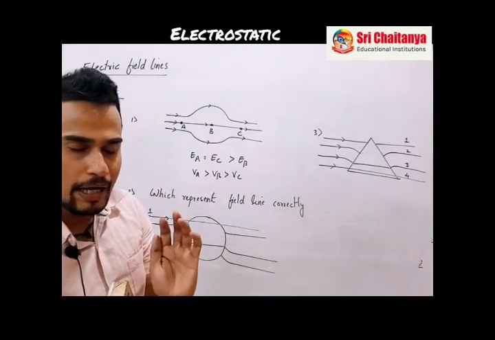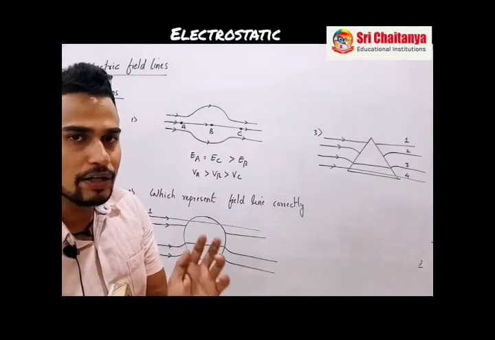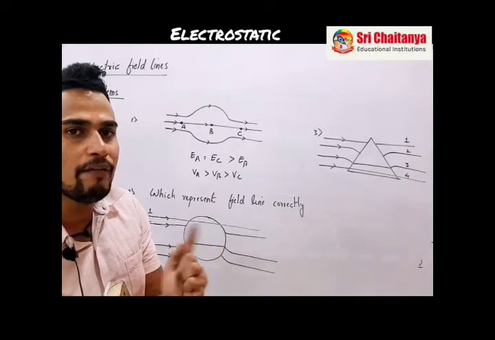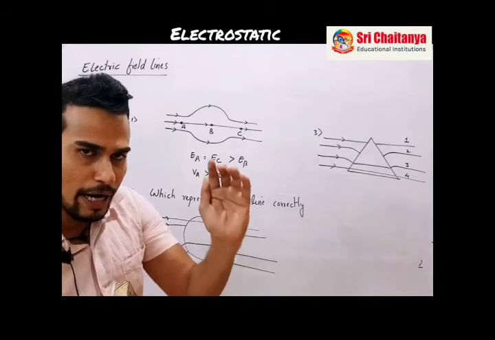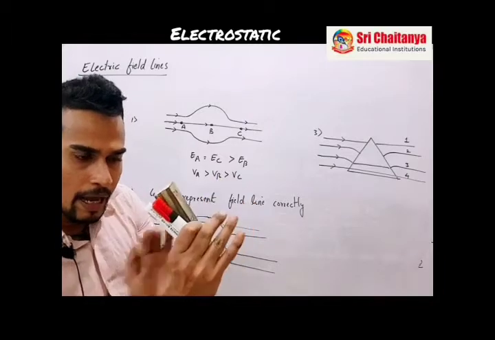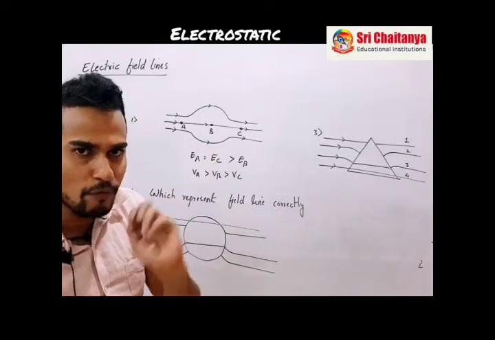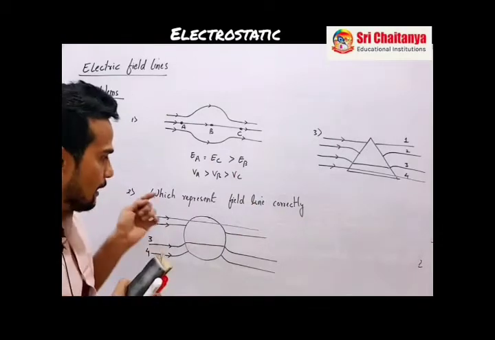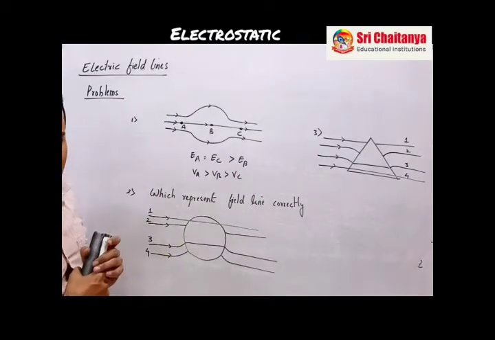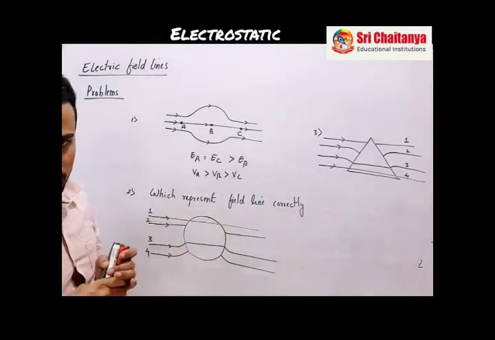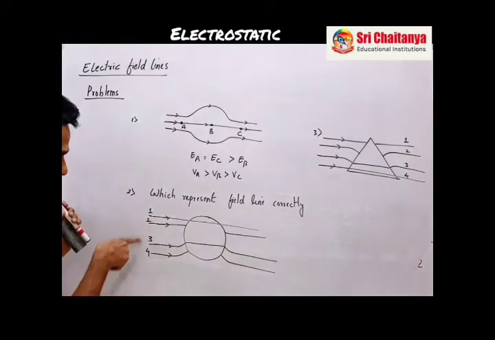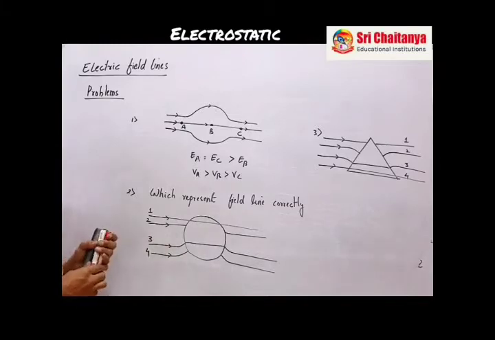First thing, they will never cross the conductor. At one end of the conductor they will die, at the other end they will originate, and in between inside the conductor no field lines will be present. And second thing, while terminating and originating, they will become perpendicular. So you have to use these concepts to tell out of 1, 2, 3 and 4 which is the correct one.